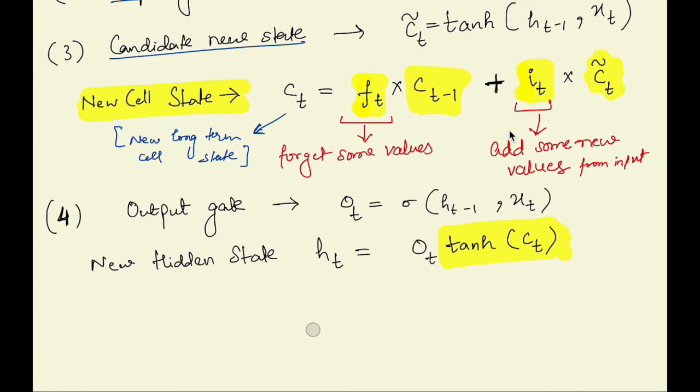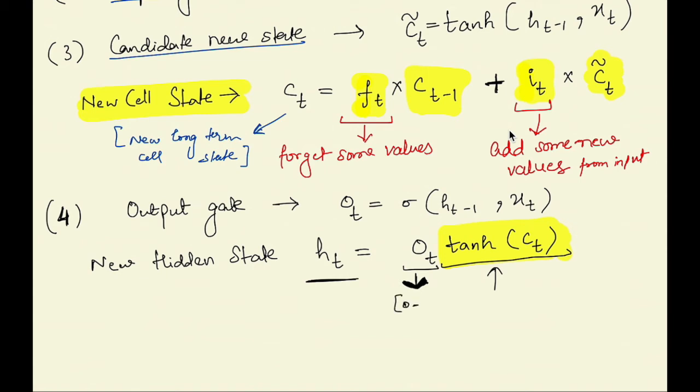So the new hidden state, which is kind of the output, is basically the tanh of our new long-term state, but if we just keep this term, we are keeping the complete long-term state, just scaling it using the tanh function. We don't want our complete long-term state to be our hidden state, so we want some of it. How much of it depends on the current input.